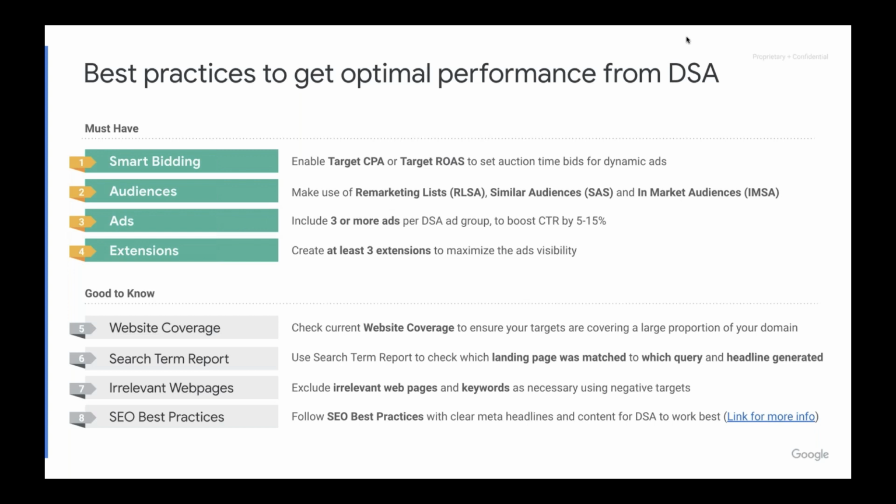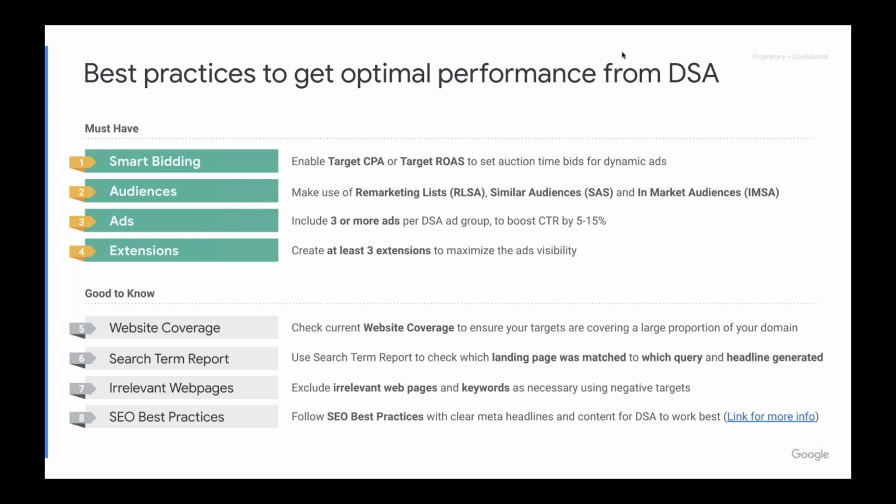You can also exclude irrelevant web pages, as a sort of negatives per se, since you don't have keywords. You can exclude negative landing pages and keywords here, not to target them. So it's all in your control. You can definitely do that.